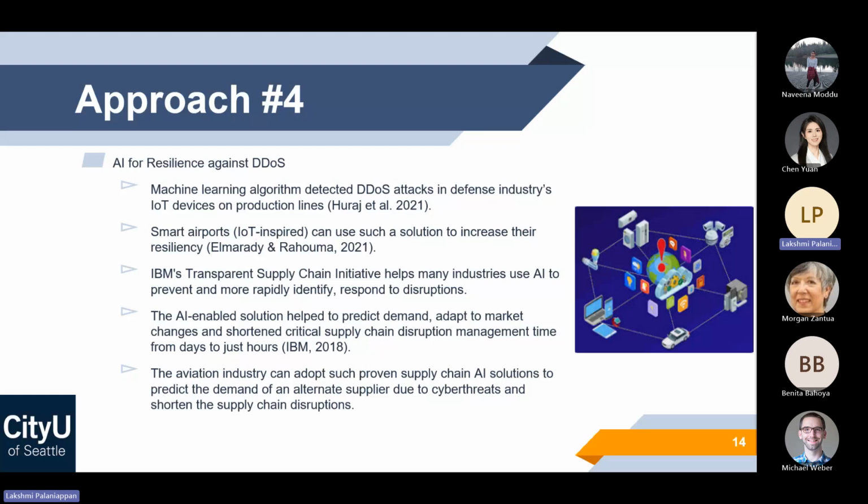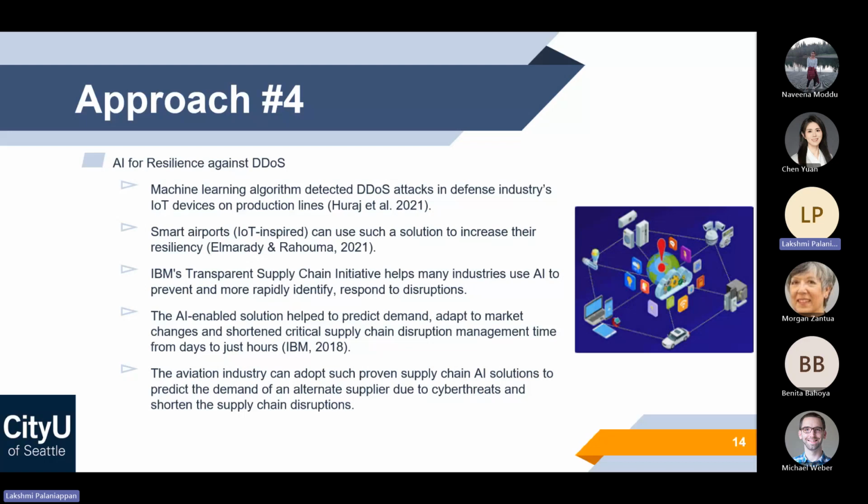The fourth approach is to use AI for resilience against distributed denial of service attacks. Defense industries use IoT devices in their production lines whose sensors and actuators provide various data in real time when the machine learning algorithm detected DDoS attacks. IoT-inspired smart airports can also use such a solution to increase their resiliency.